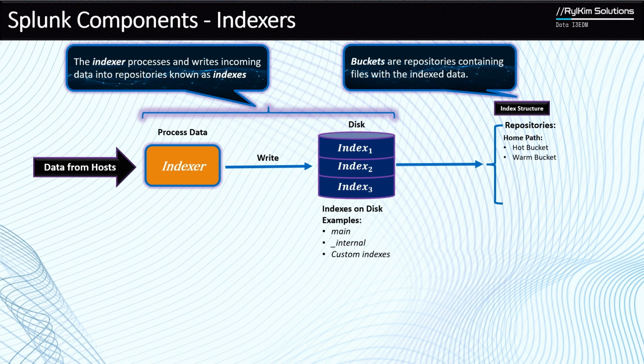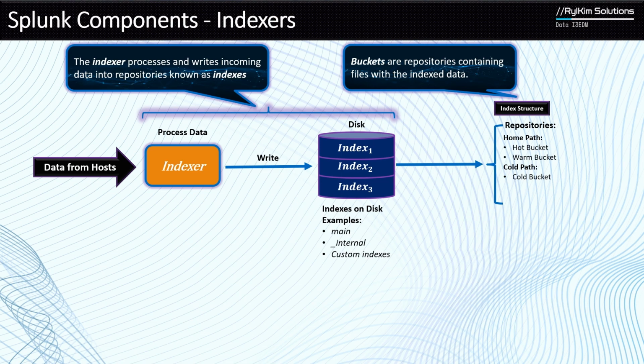And then again, after certain size or time constraints, that warm bucket can roll over and become a cold bucket. But note that as you are ingesting data into Splunk, data can only be written into the hot bucket. But if you want to search data, you can search the hot, the warm, and the cold buckets.